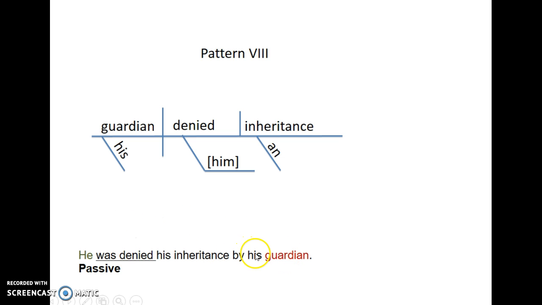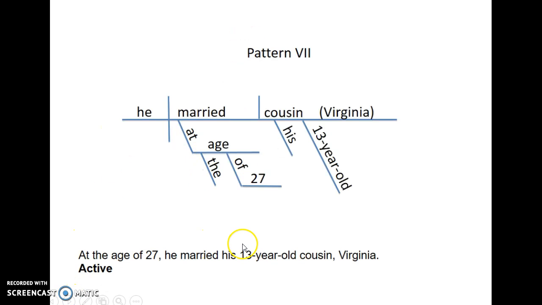It's the guardian. The guardian, past tense, denied what? An inheritance is what's being denied. So we put that as the direct object, and it's being denied to the he, which becomes a him because it's an object, indirect object. Subject, action verb, direct object, indirect object makes that another pattern 8 sentence.